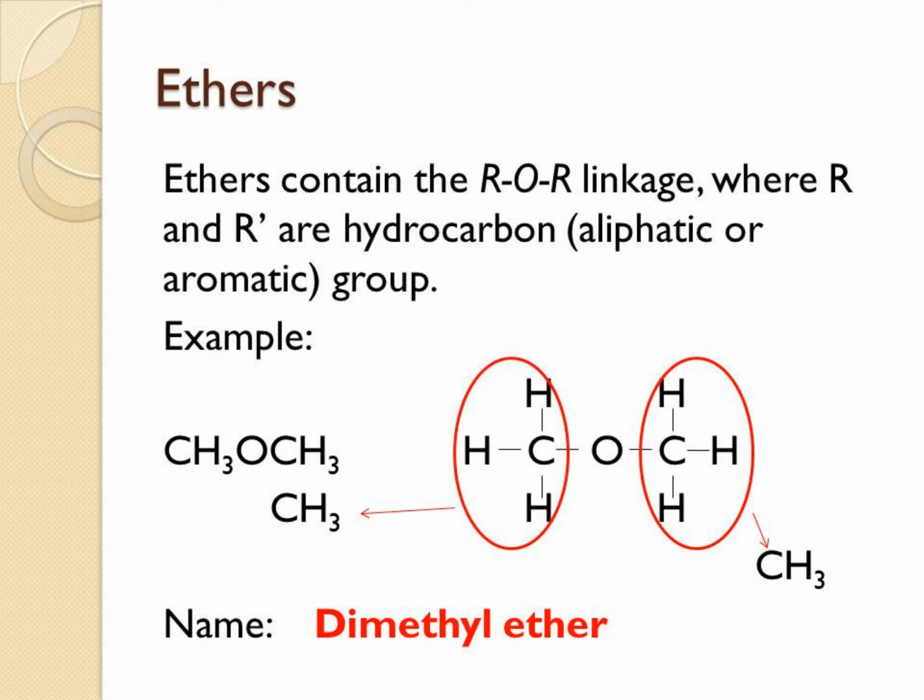Now let's move on to the ethers. Ethers contain the formula R bonded to O and another R, where R is a hydrocarbon and O is the oxygen atom. For example, we have CH3OCH3.